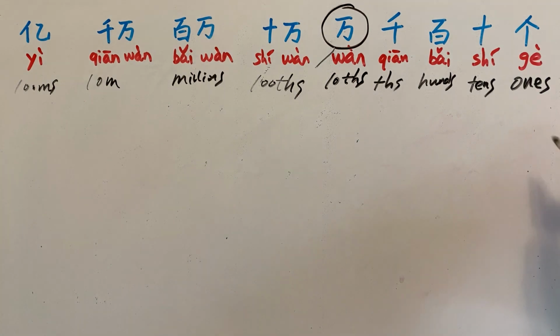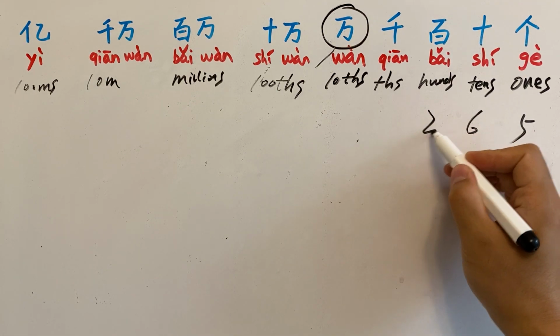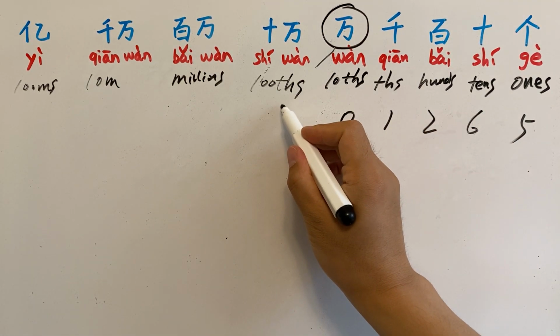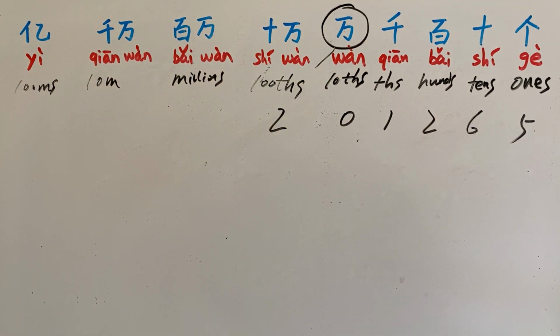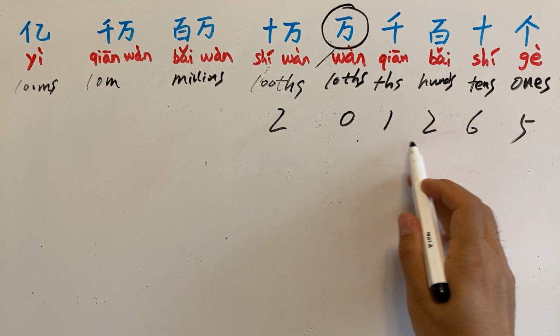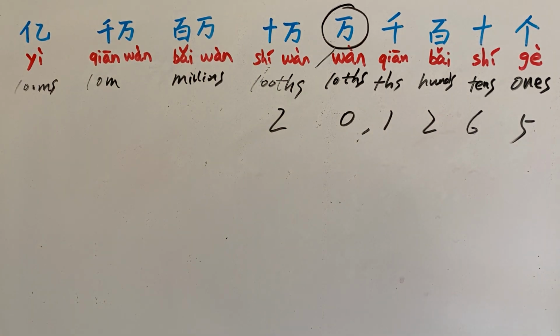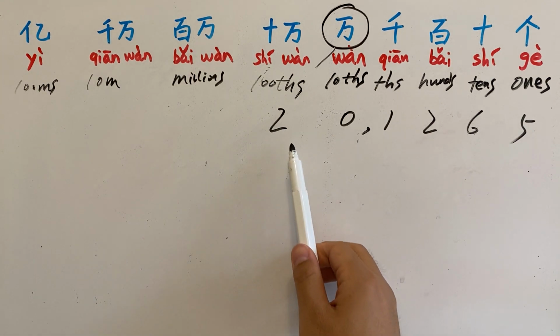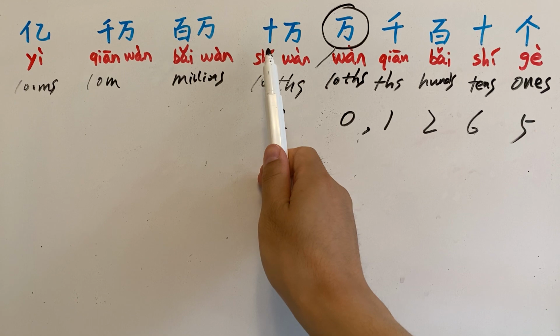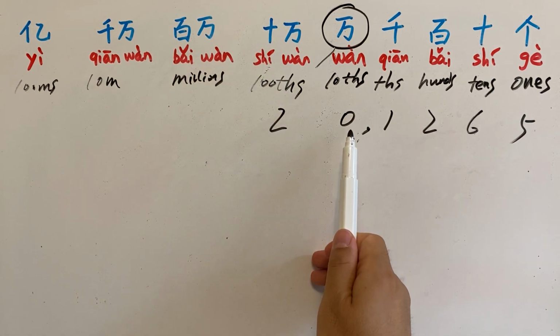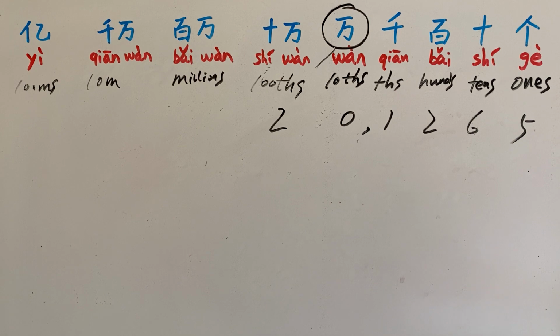So for example, 5, 5, 6, 2, 1. This number, you count 1, 2, 3, 4, comma, right? So this is 20万. This is 10万, so you say 20. It's very like the way you count numbers in English within this set.